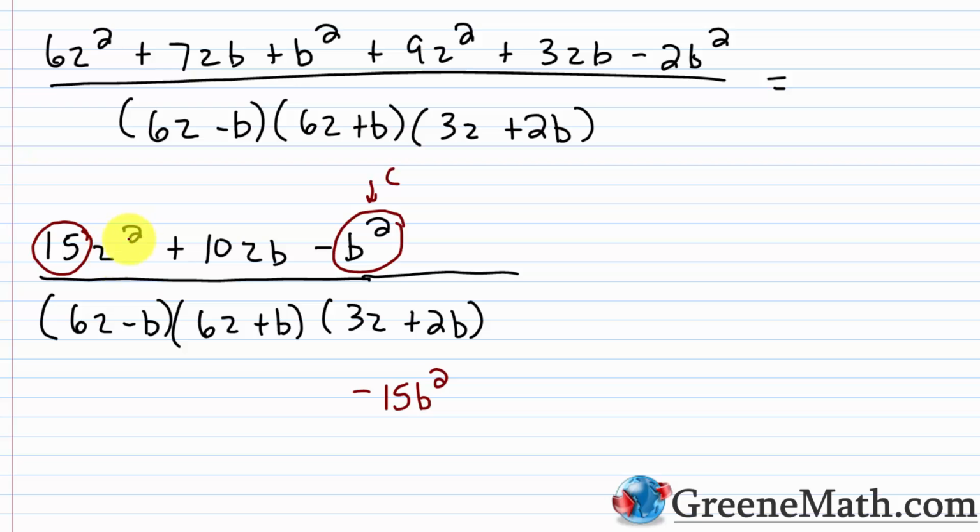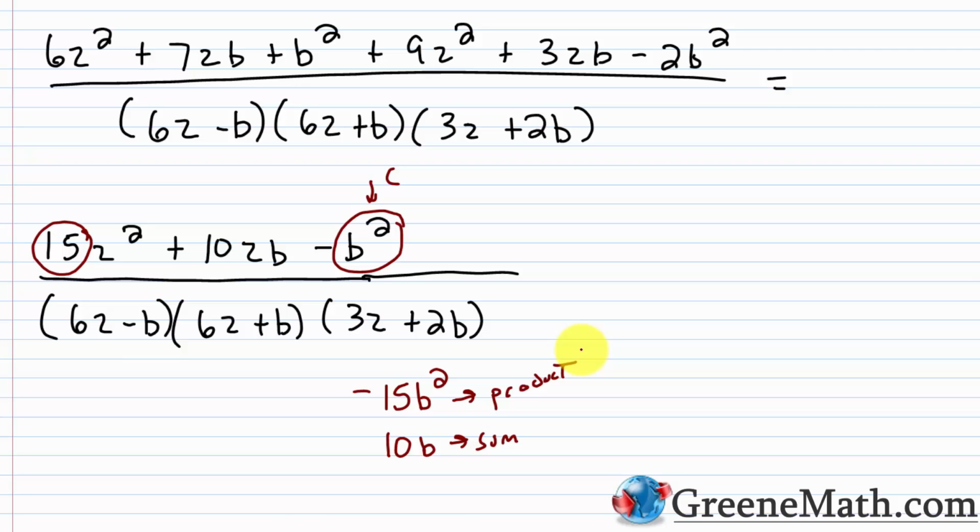Z is my squared variable here, so I'm going to treat this b part as if it's part of that coefficient of z, right? So 10b is what I'm looking for as the sum, negative 15b squared for the product. I know that's a little advanced. We'll do a lot of that in Algebra 2, but for right now, just kind of follow me on this.